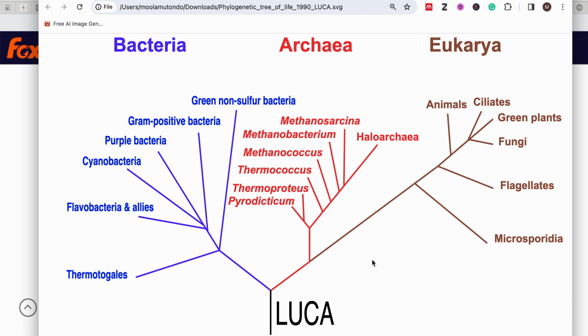And as we look at the 16S RNA gene sequence, the hypervariability in those sequences is what gives us the position of all these different organisms.